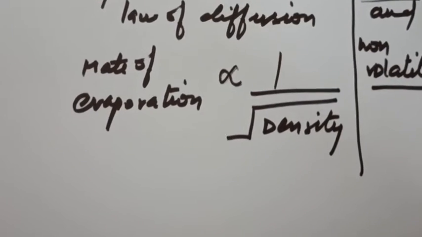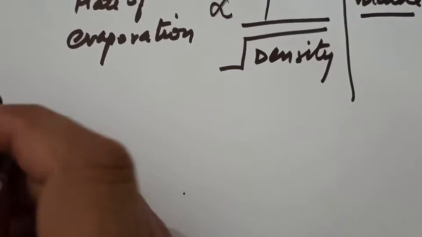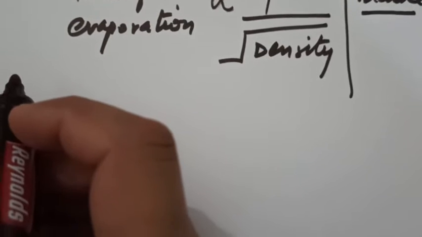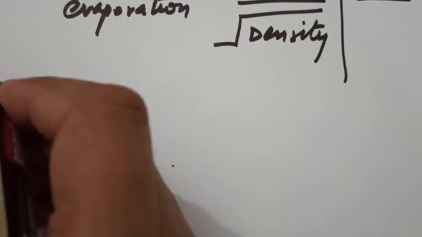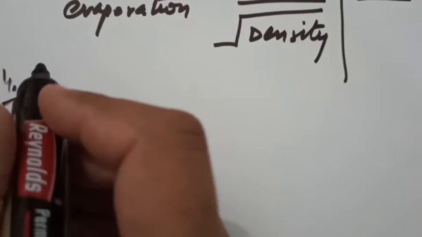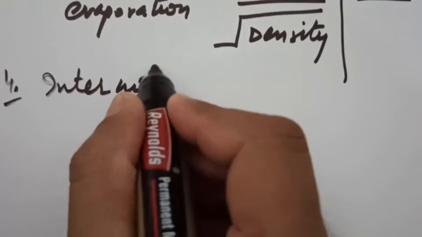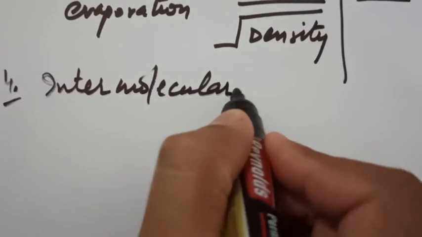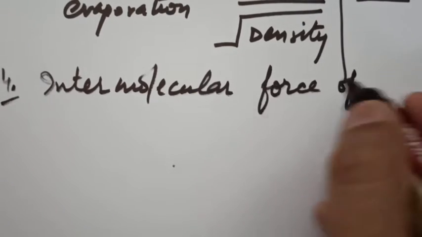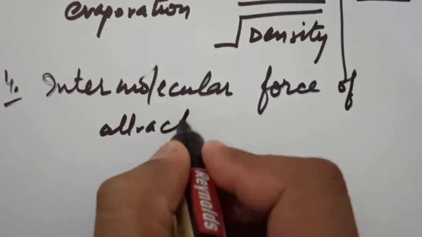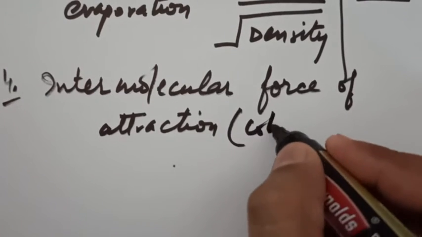Okay, so next, the fourth one on which the rate of evaporation depends, that is intermolecular force of attraction, or interparticle or intermolecular forces, we can say it, and these are also known as cohesive forces.